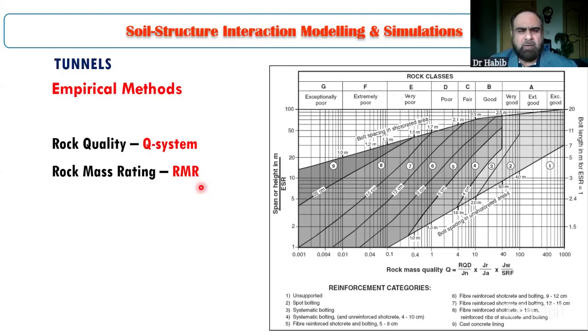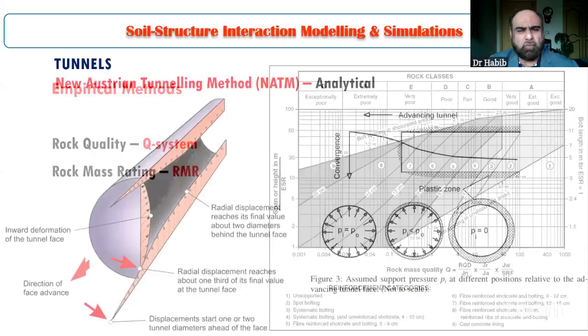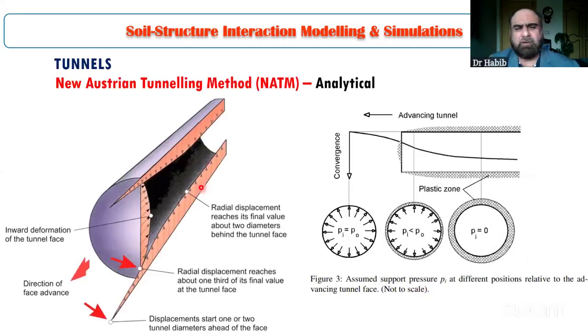But with the advent of a new system, which is called the New Austrian Tunneling Method, NATM, this is basically a purely analytical method, although there is some component which we incorporate from experience as well. And this component is always there. Actually, I don't want to say that experience does not have any value in the modeling.